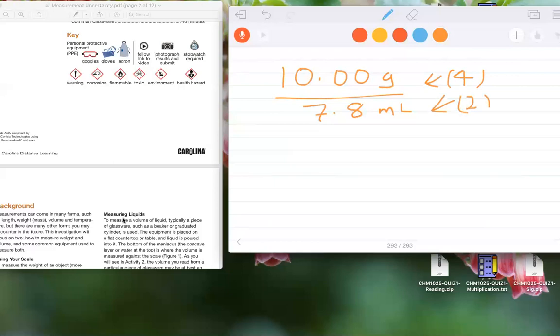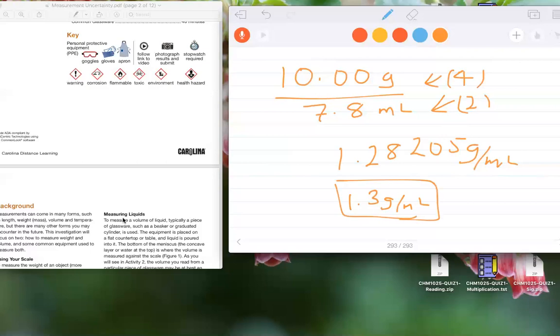So the final answer should have 2 significant figures. 10 divided by 7.8 is 1.28205 grams per ml. This is more than what we need. It's going to be 1.3 grams per ml.